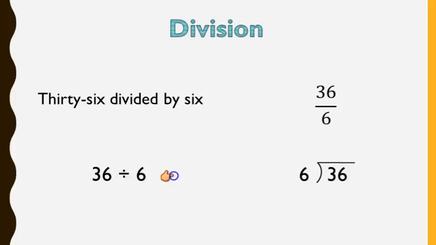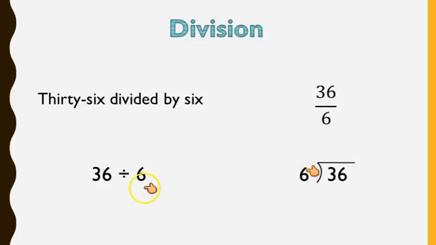36 divided by 6. Now, in order to solve that problem, we have to transfer it underneath a division symbol like this, don't we? But did you notice that the numbers are different? They're in a different order. So once we transfer it and use this symbol, we actually are going to start reading it backwards. 36 divided by 6.